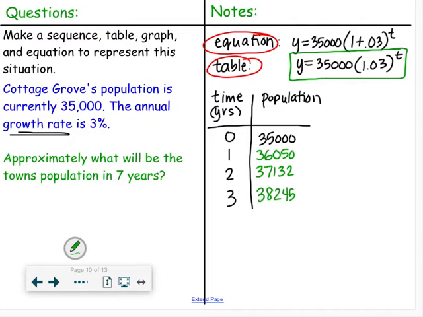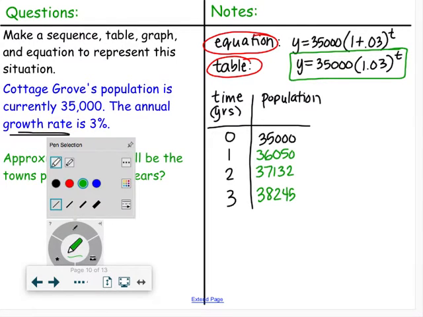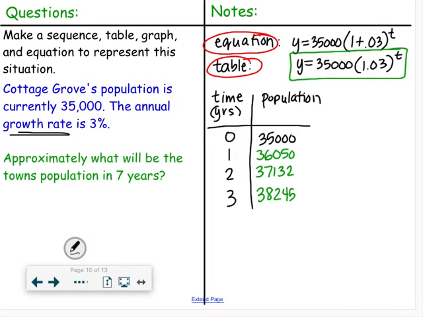All right. For my graph, I am going to put a gap in again. So graph over here.